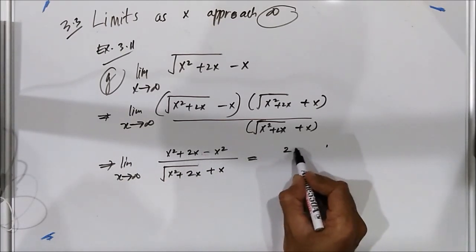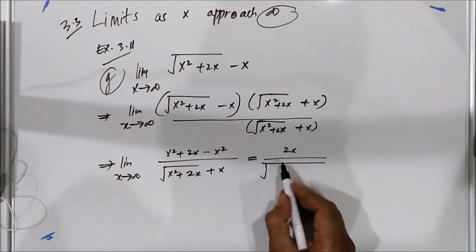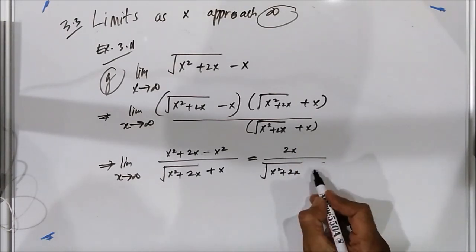The answer is 2x over the square root of x squared plus 2x plus x.